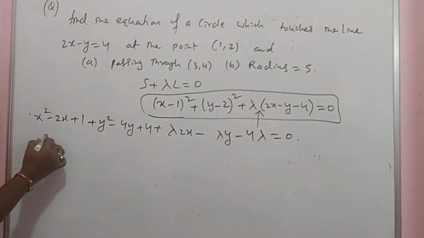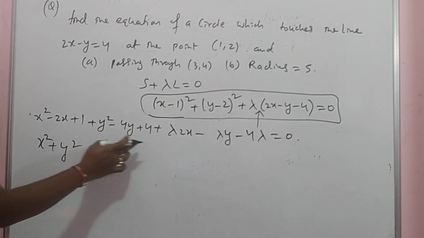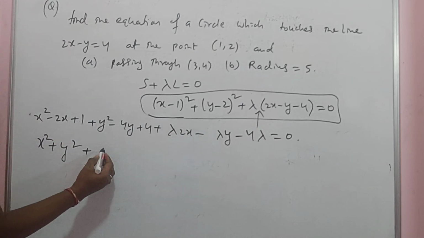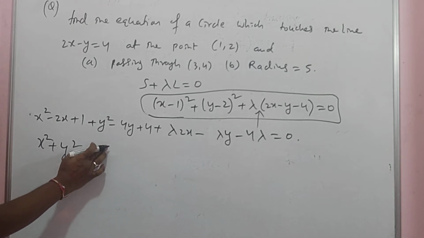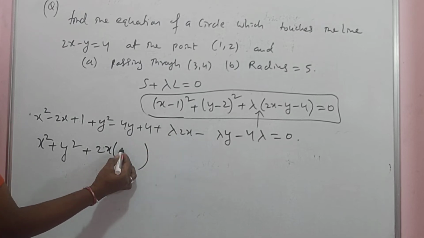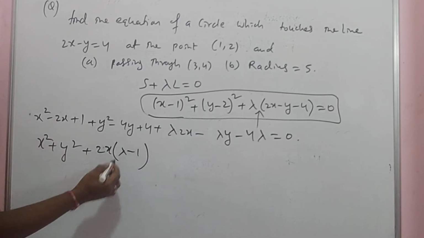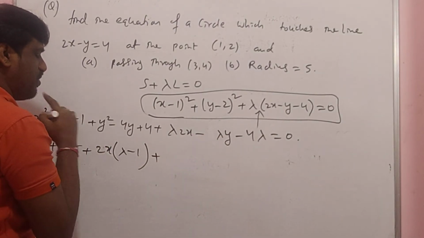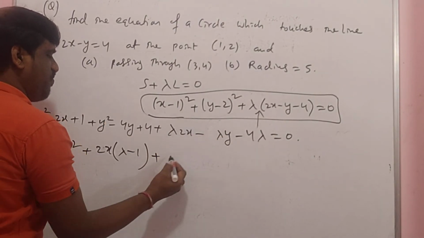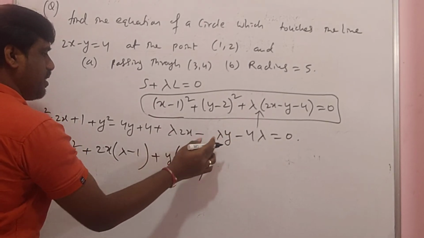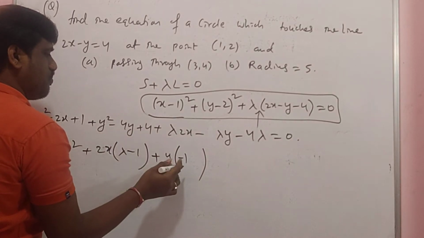Now I can write x square plus y square, plus for the x coefficients, I can take plus 1 first here, plus 2 lambda. If I take x common here, 2 common and x common, here I get lambda, here I get minus 1. Now if I go for y, if I take y common here, I get minus 1, and here minus 4, minus lambda.